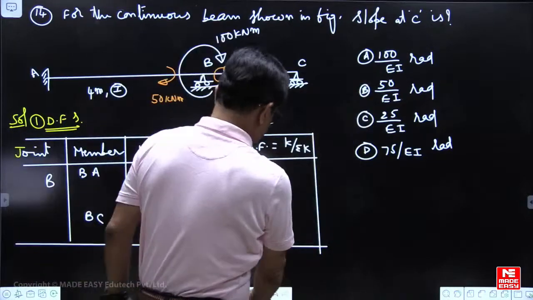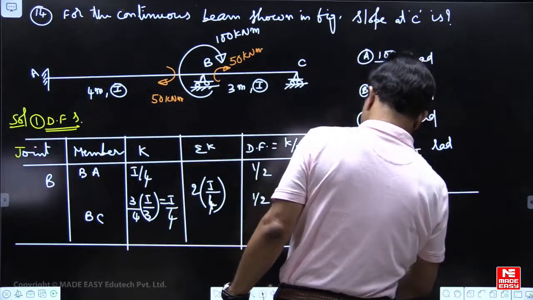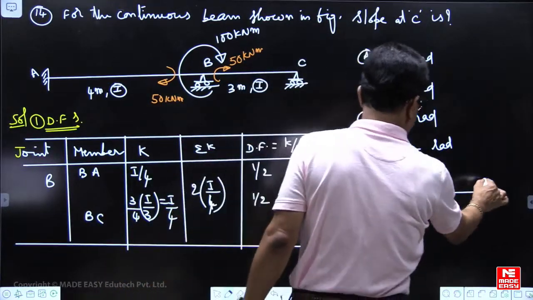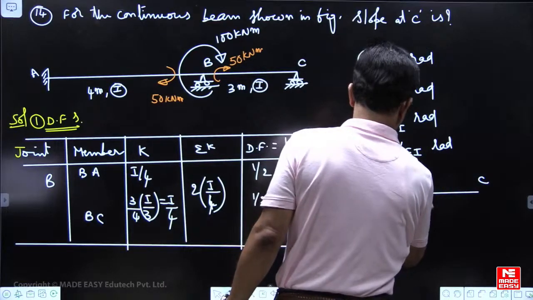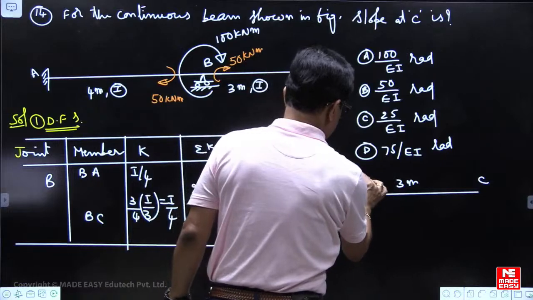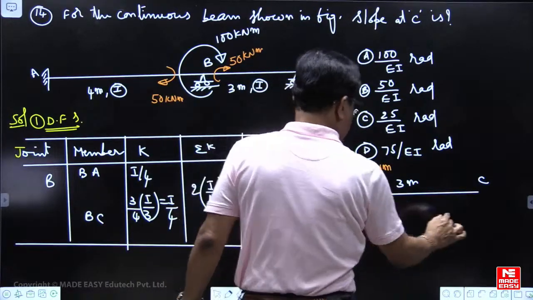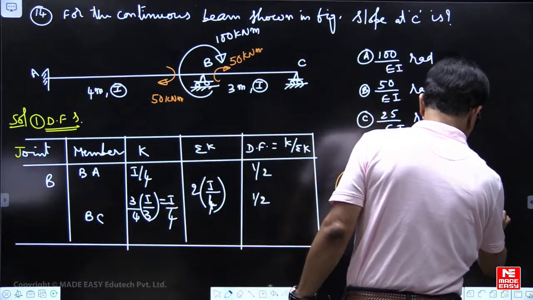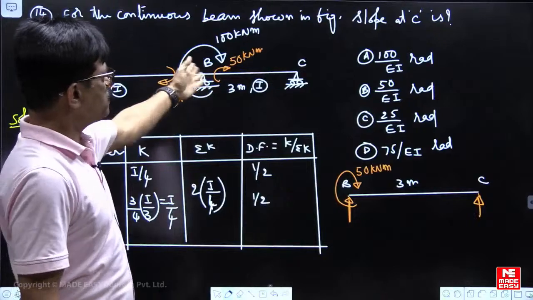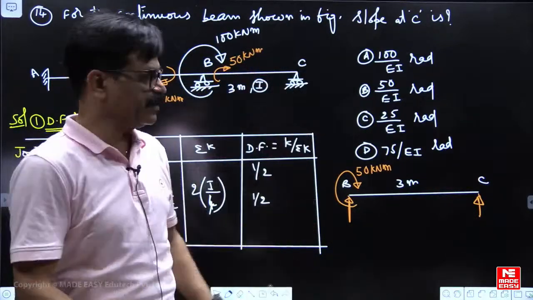Now if I take the free body diagram of BC, 50 kilonewton meter if I show here, I can visualize it as a simply supported one. Once the sharing is over, each span can be treated independently.